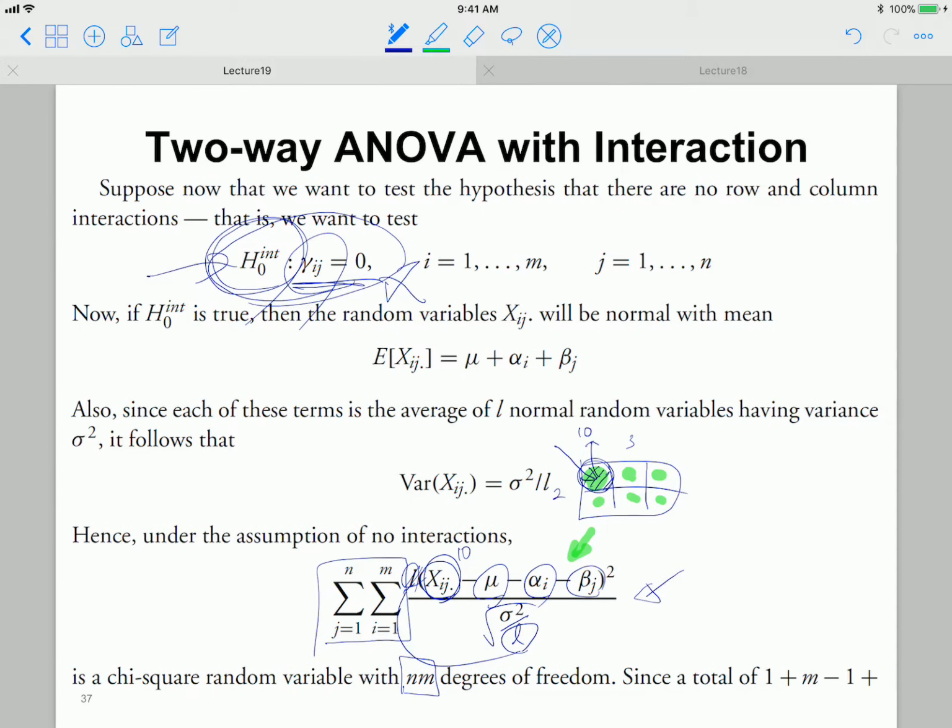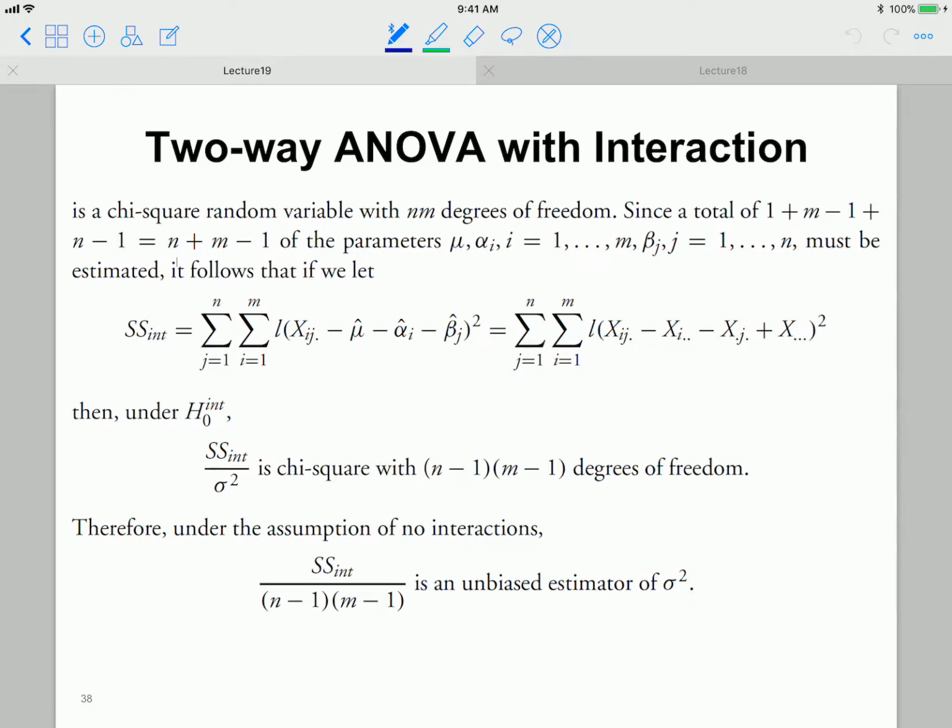Okay, so it had n times m degree of freedom originally, but the next step that we have to do is to replace these parameters by using our estimator, and that will reduce or decrease our degree of freedom. And how much will the degree of freedom be decreased? That is our concern, right?